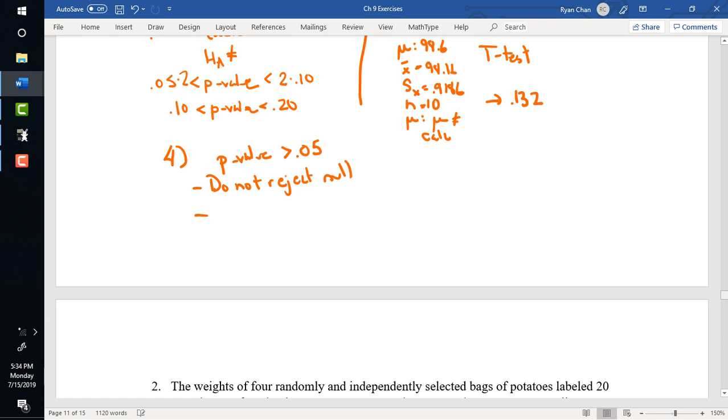And then we say there is, or sorry, there is not enough evidence, my bad, that the population mean is not 98.6 degrees.